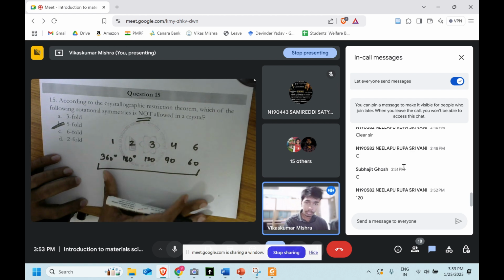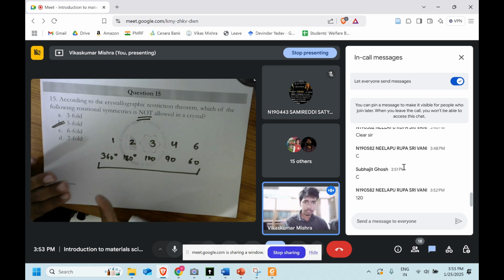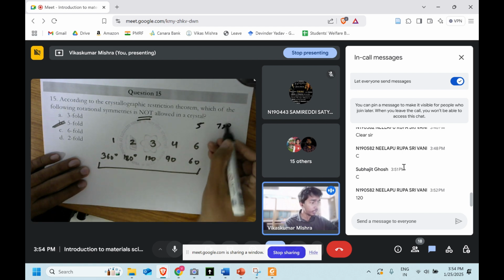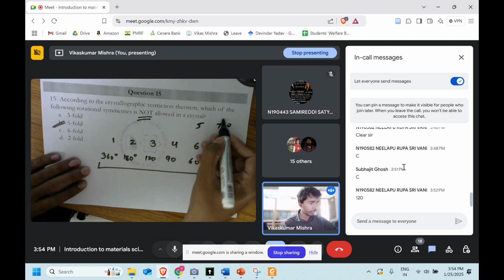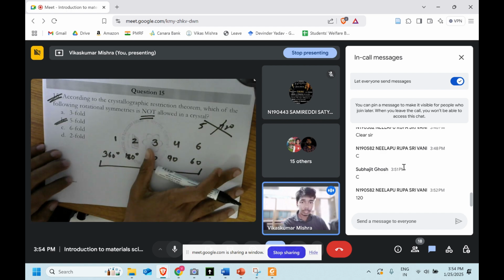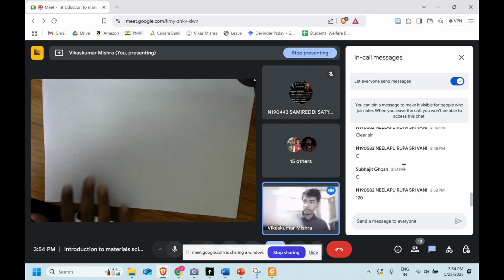If you are talking about crystallography, only these five exist. Five-fold symmetry, which would contribute a 72 degree rotation, does not exist. So with that, we have solved the question number 15. Any doubt, please let me know. Okay, since there is none, let's move to the next question.